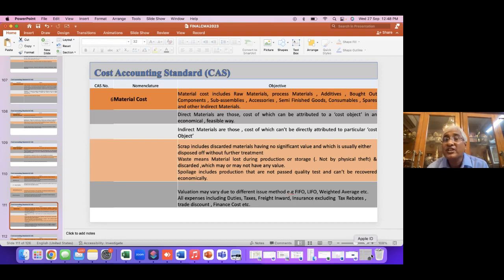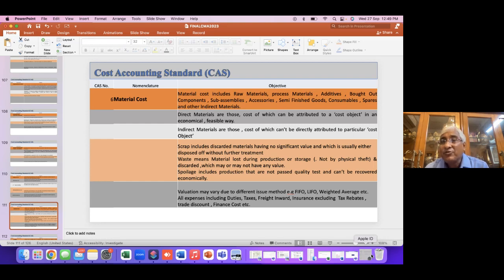And semi-finished goods, again, is a term used mostly in the chemical industry. Say if I talk about aroma chemicals, up to one stage the material is the same. Now, if you want the aroma of rose, the aroma of jasmine, or the aroma of some other flower, then the chemical component or compound is different.